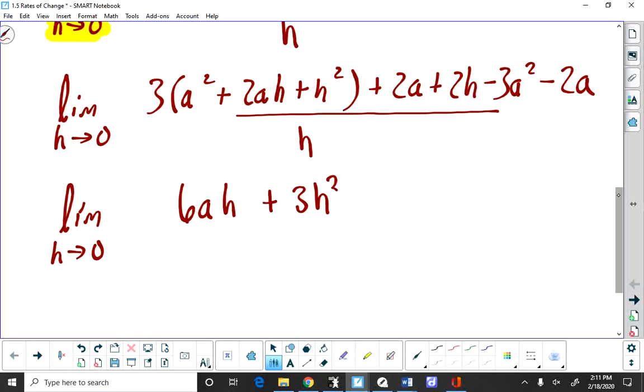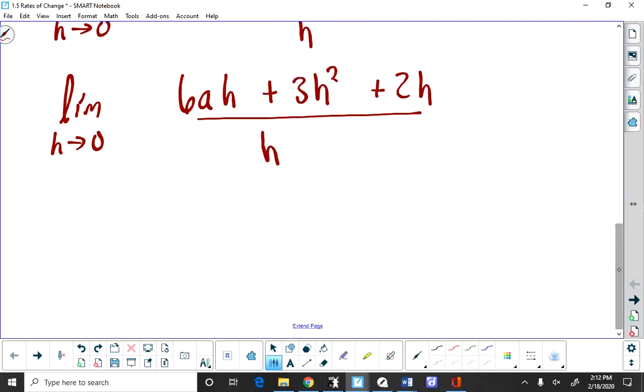This is squared, isn't it? So I've taken care of those. I've taken care of the 2a's. I have a 2h, and this is over h. By the way, if you cut corners like that, you run the risk of making a mistake, right?